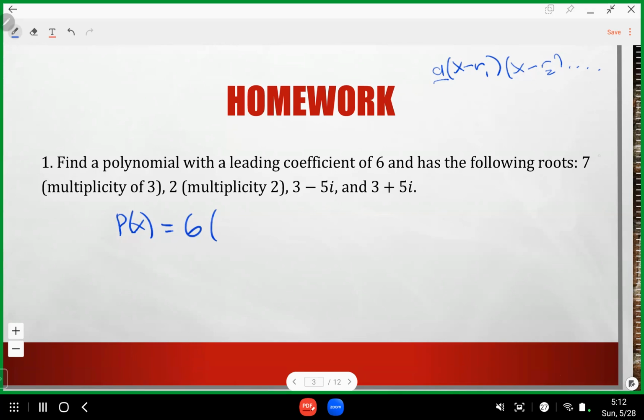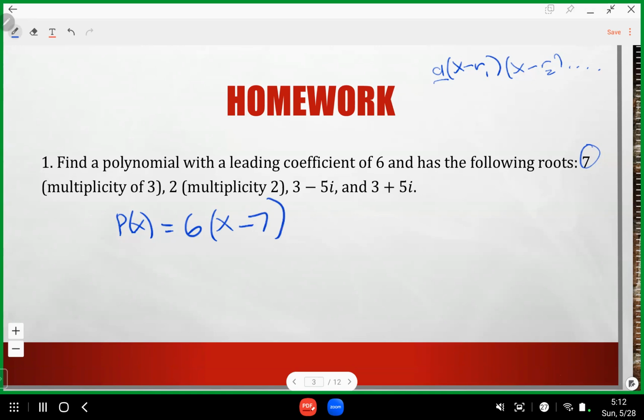So the following root 7, if you write it as a linear factor, what is that going to look like? It is x minus 7, right?